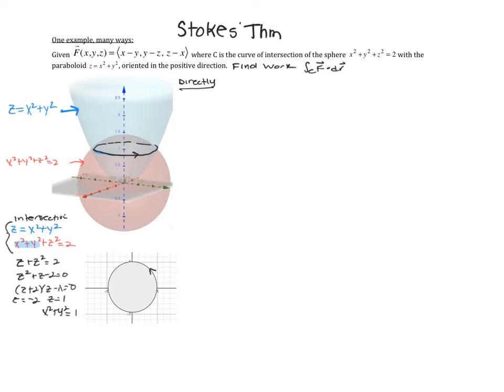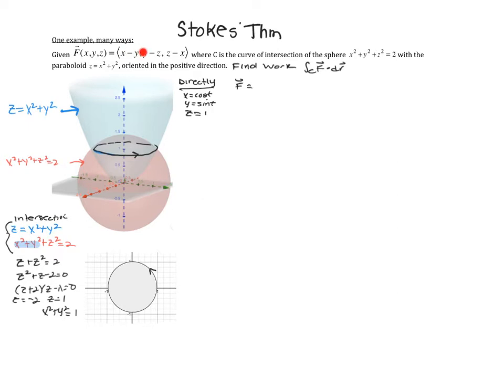If we're going to do it directly, we have to parameterize this curve. Well, this is a unit circle, so x equals cosine of t, y equals sine of t, and z is 1.